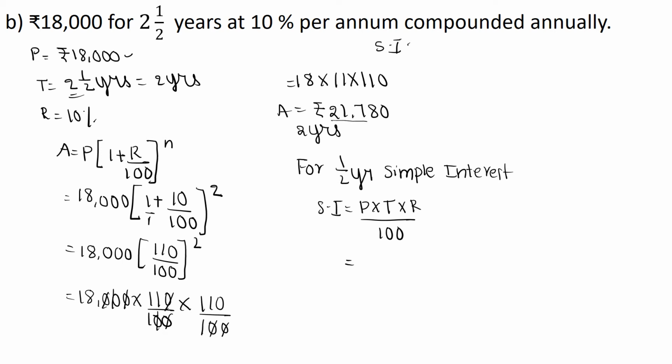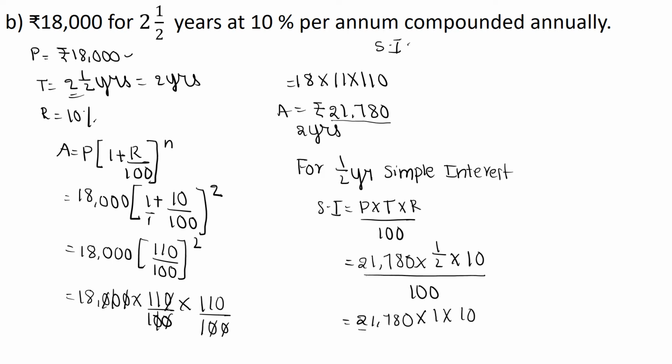Principal will be 21,780 into time is half into rate of interest is 10% by 100. 21,780 into 1 into 10 by, this becomes multiplication, 2 into 100. 0 0 0 0, it gets cancelled, and 2178 by 2, we get 1089.